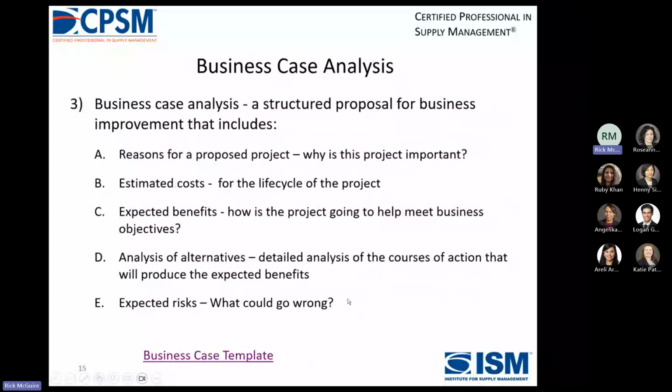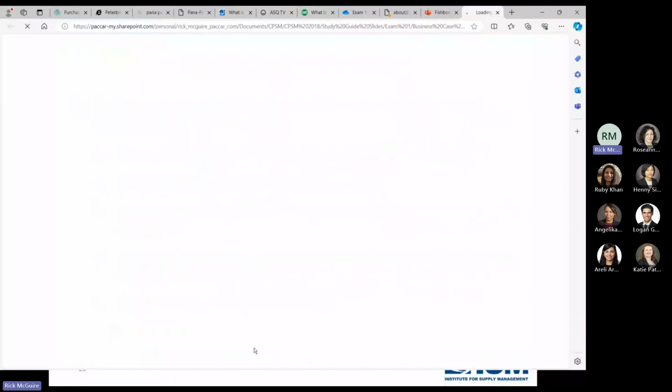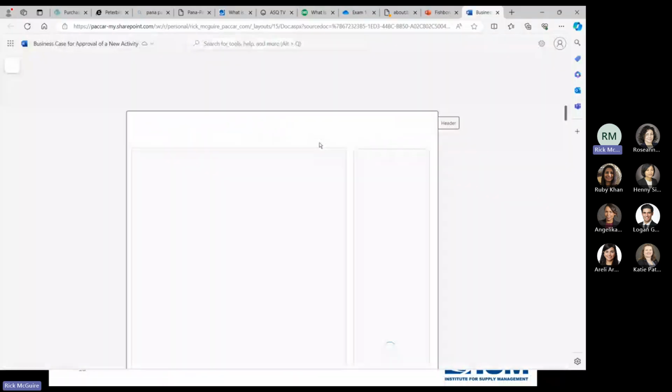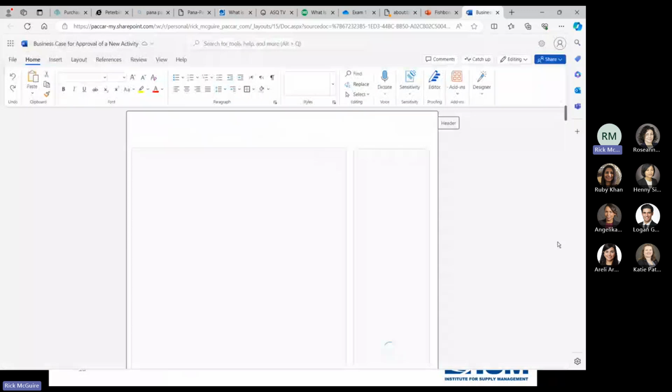Then there's business case analysis, another improvement method. So business cases are going to look at certain things. Why do you need this program? What are the costs? What are the benefits? What are the alternatives? And what are the risks? I'm sure PACCAR has a business case format somewhere.